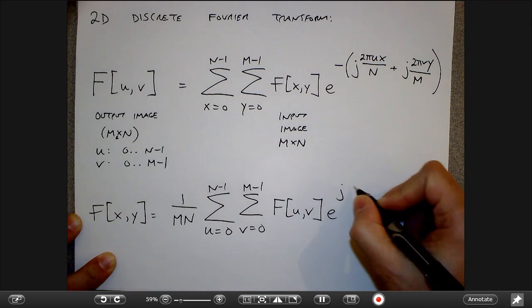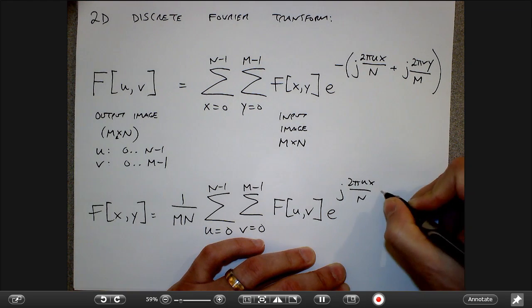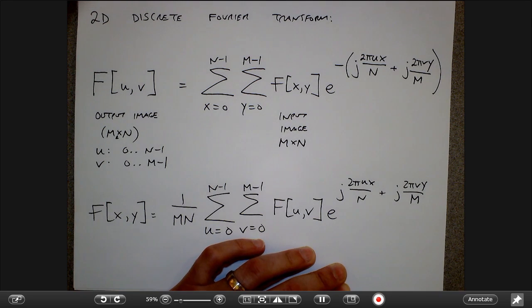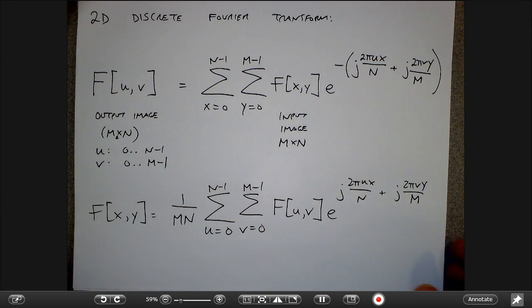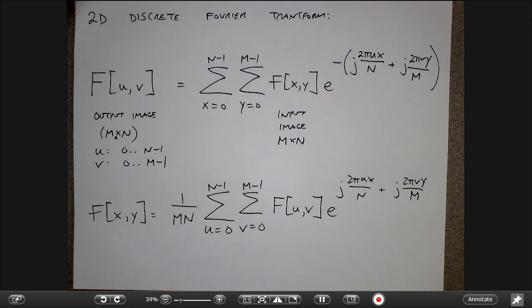And instead of having a negative sign, I have a positive sign. So again, this is basically just carrying over exactly what we knew from the 1D case over to the 2D case.